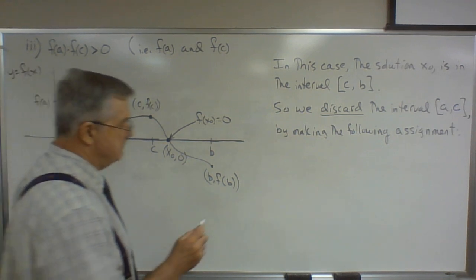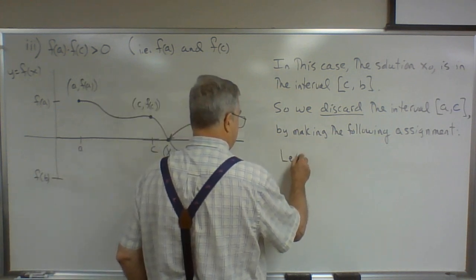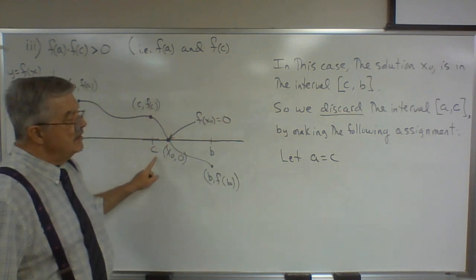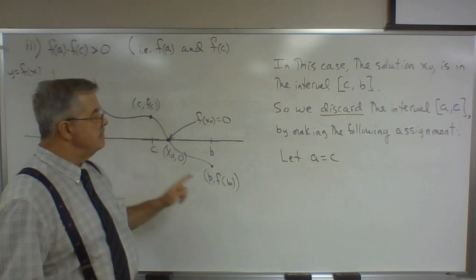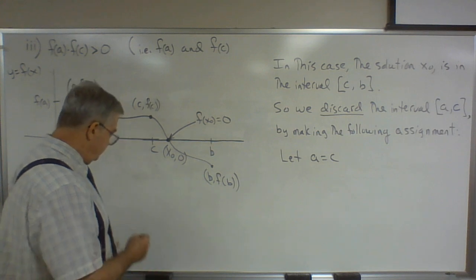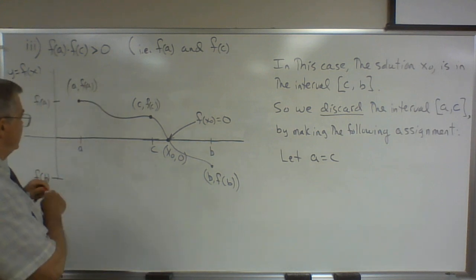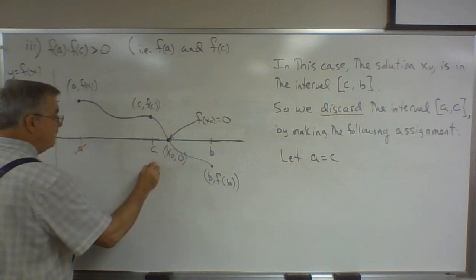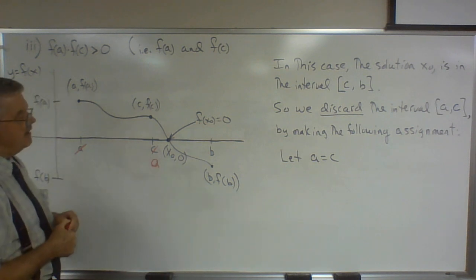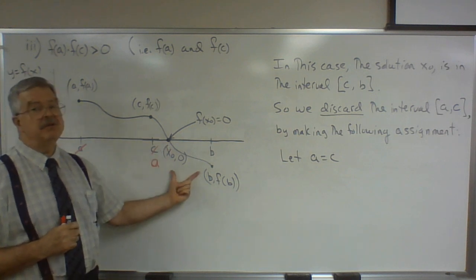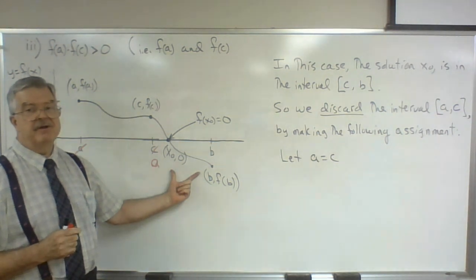We just let A equal C. So we take the value C, our midpoint, and we assign that value to A. So this is no longer A. This is our value A. And we have our solution confined to an interval that's only half as long as the original interval.